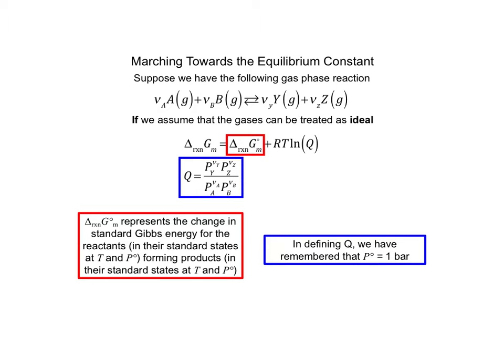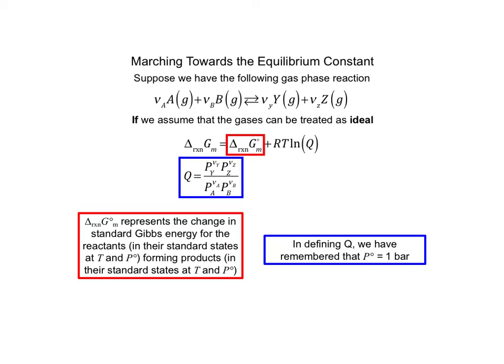Okay, so in the last video, we came to this equation where delta G equals delta G standard plus RT ln Q. And we defined Q in terms of these pressures. But remember that in doing this, we ignored this P naught.